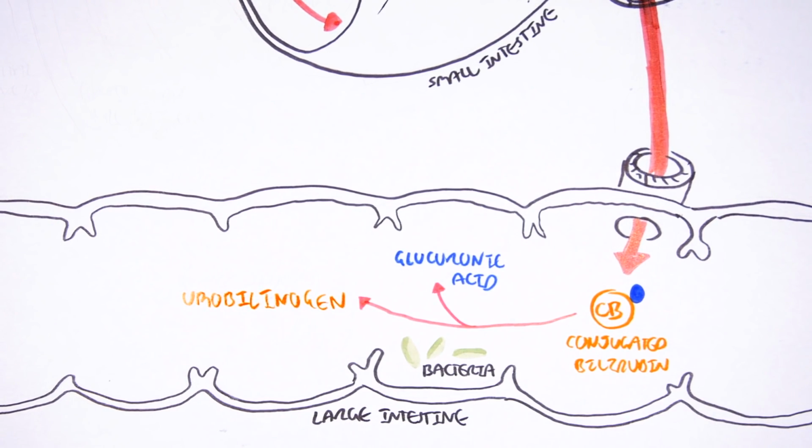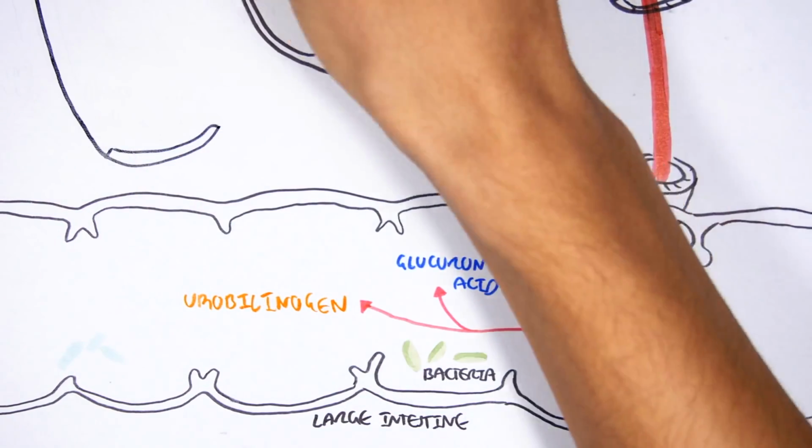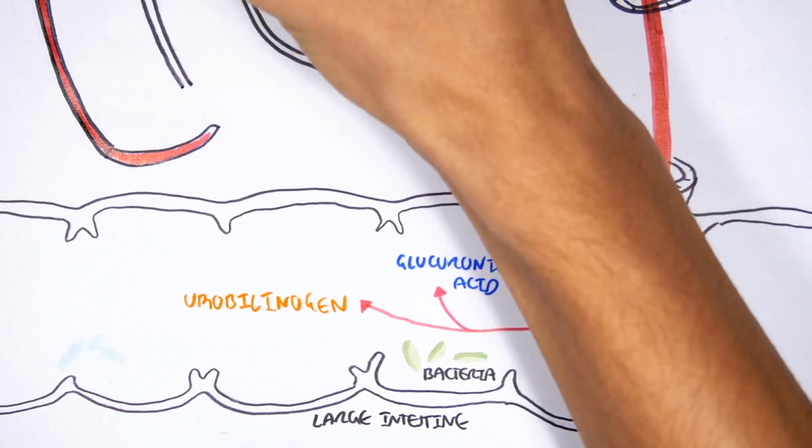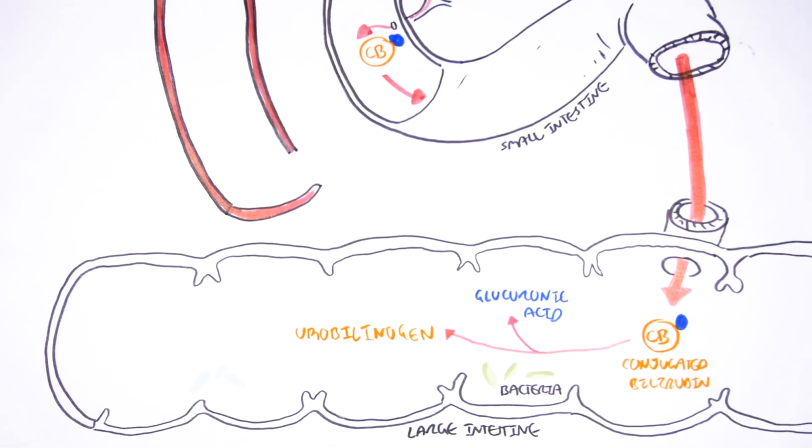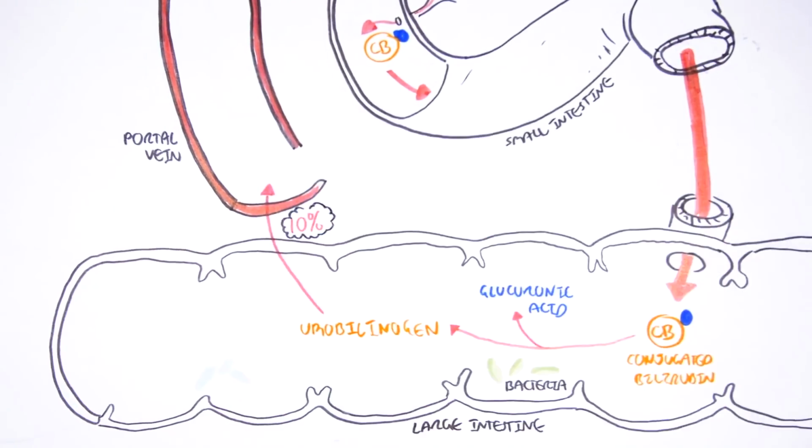Urobilinogen is once again lipid soluble. About 10 to 15% of urobilinogen is reabsorbed by the blood and bound to albumin.